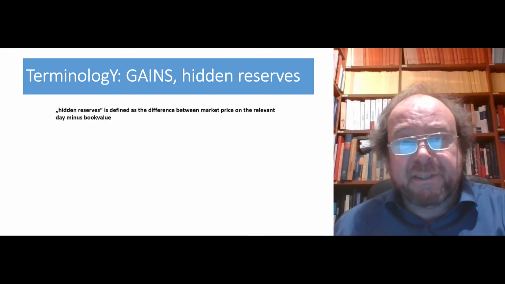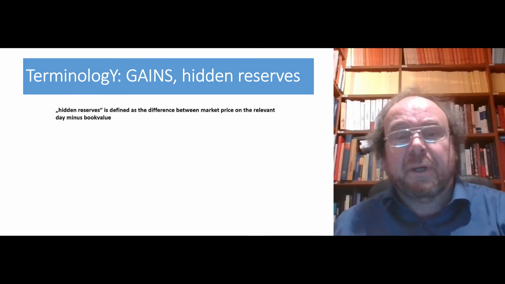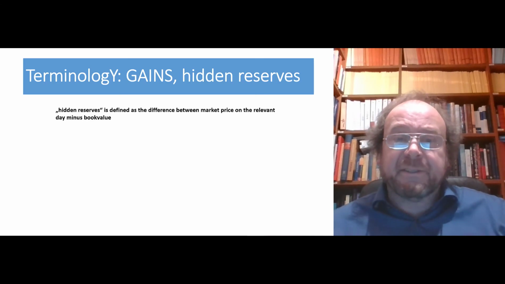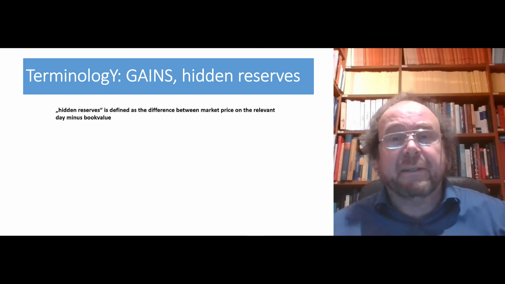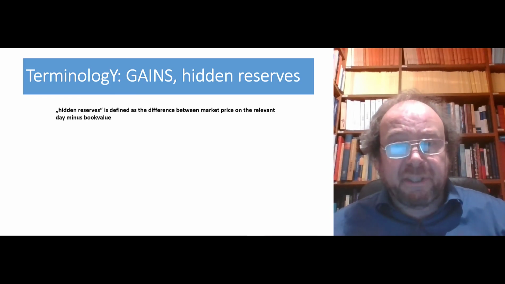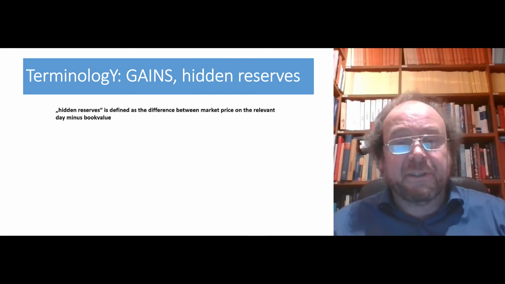Hidden reserves is, on the other side, on the contrary, the difference between the market price on the relevant day minus the book value. So the hidden reserve is also comparable to gain. It is the gain which could be made on the special day. So the difference between the market price minus the book value under the condition that the sale has not yet been made.